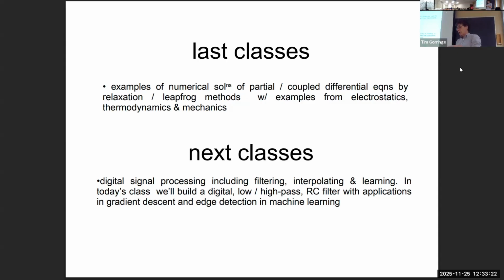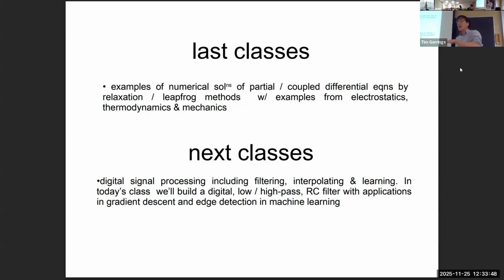Today's class will look at building a low pass or a high pass digital filter based on a low pass, high pass RC circuit. We'll turn that into a digital equivalent, a digital filter. The low pass filter that we'll build today is used in machine learning.